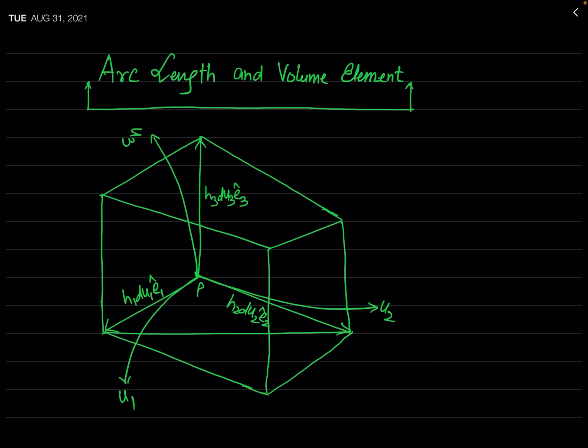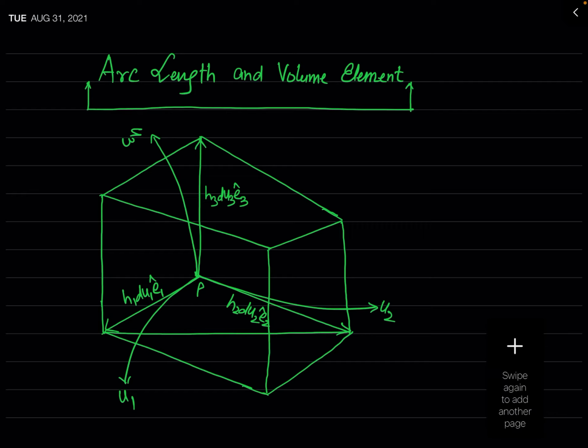So let us start with the concept which we have developed in the previous lectures. Consider a point P in a space, and this point P is specified in terms of the curvilinear coordinates u1, u2 and u3.